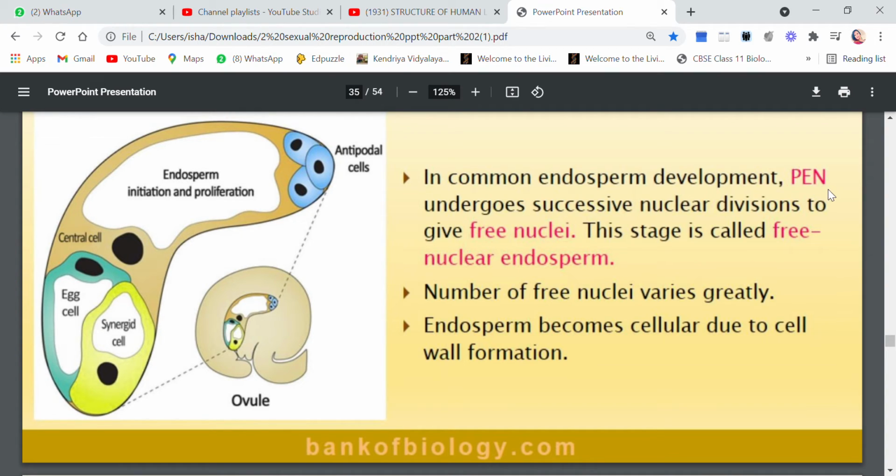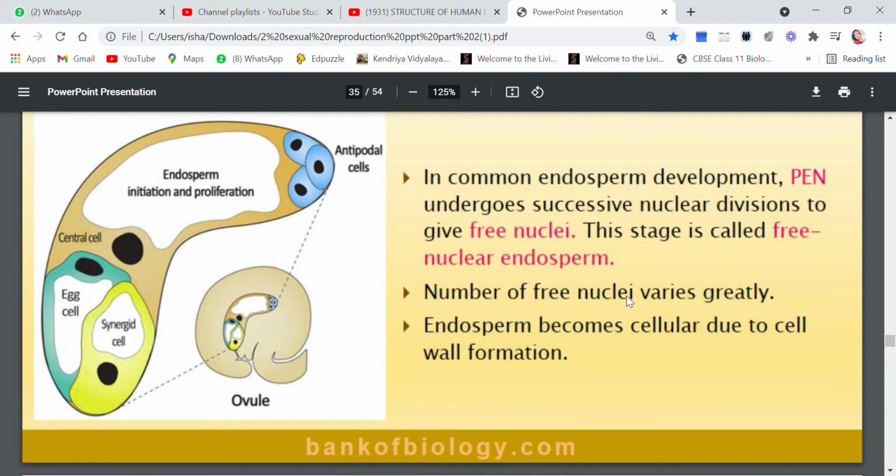This PEN will divide many times and give rise to many free nuclei, and this stage is called free nuclear endosperm, because at this point of time we will find lots of free nuclei present in the central cell.